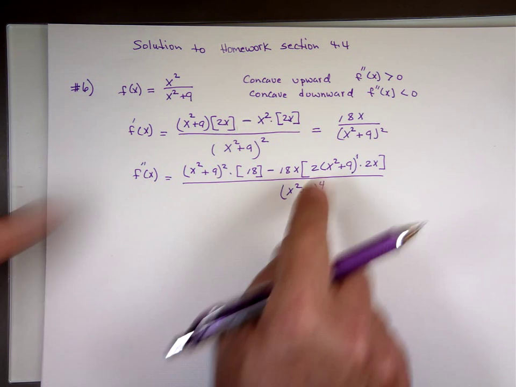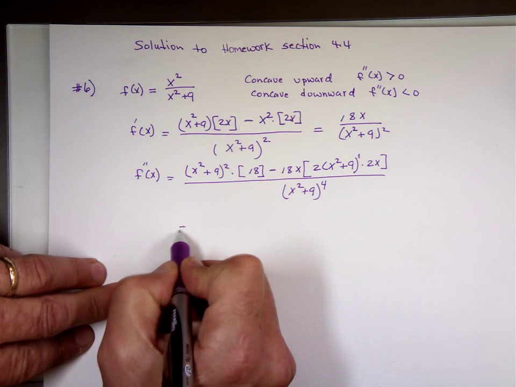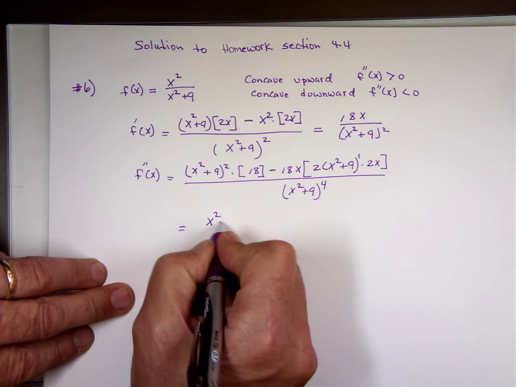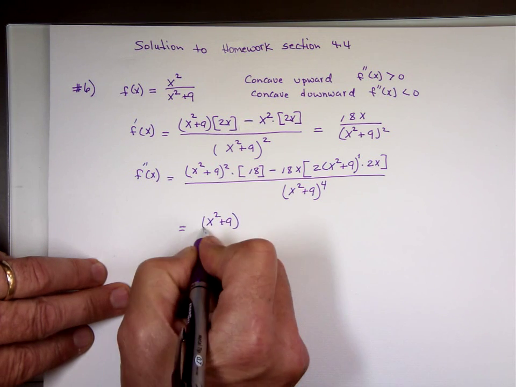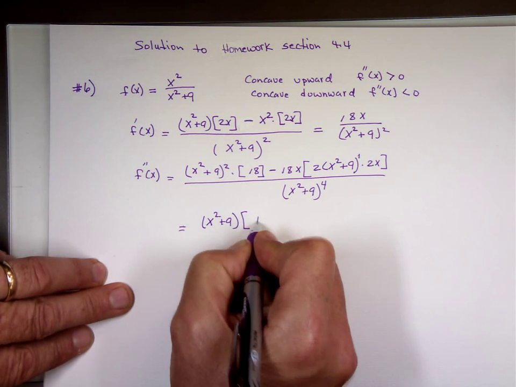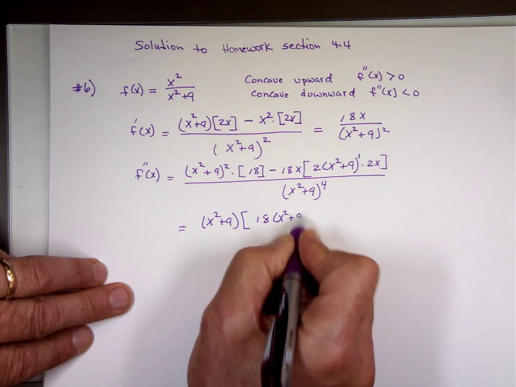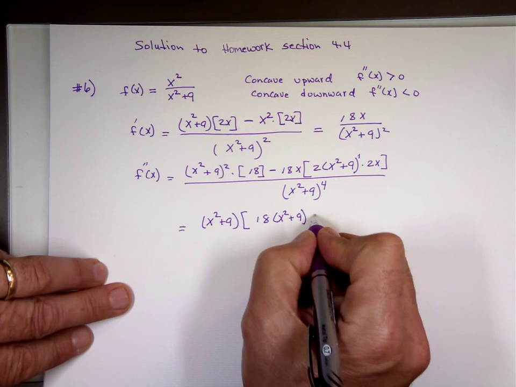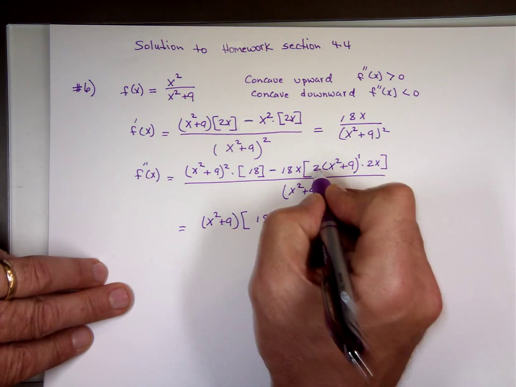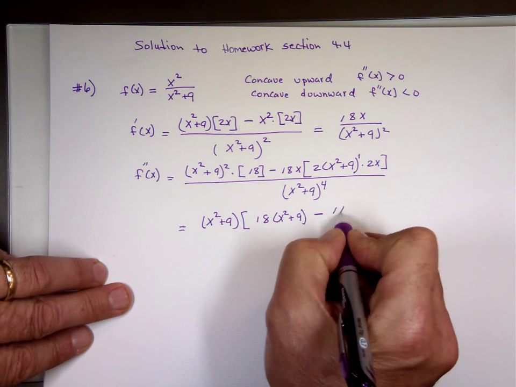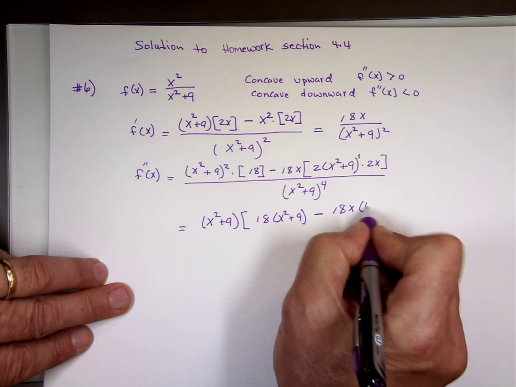And you can see from the top I can pull out x squared plus 9. If I pull 1 out, what's left? In the first group I have 18 left, and I have x squared plus 9. In the second group I'm going to have 2x times 2, which is 4x, so it's 18x times 4x.